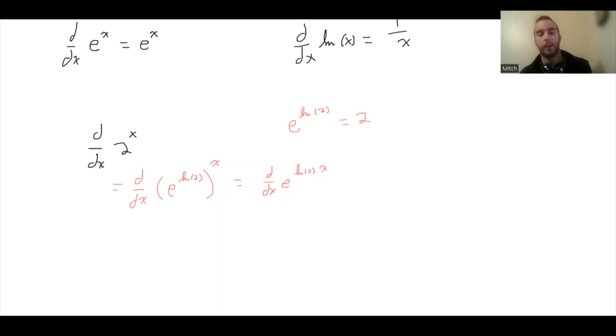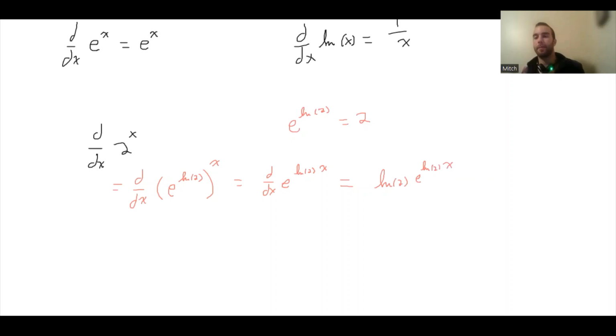I'm going to give you a little taste of what we'll be doing in the chain rule: when we have that constant in front, all we're doing is bringing that constant down. So it's going to be ln 2 times e to the (ln 2)x.